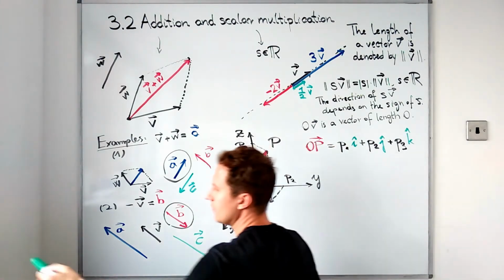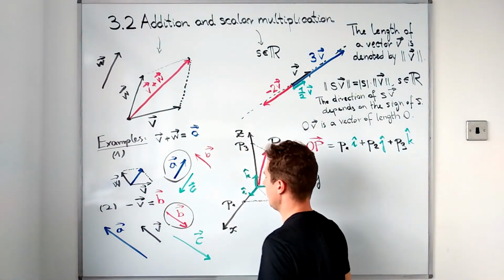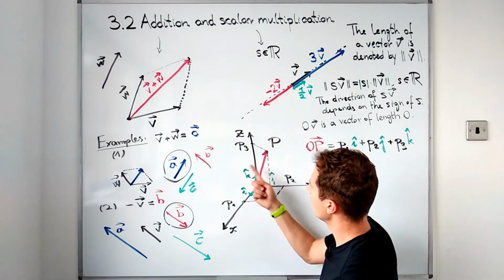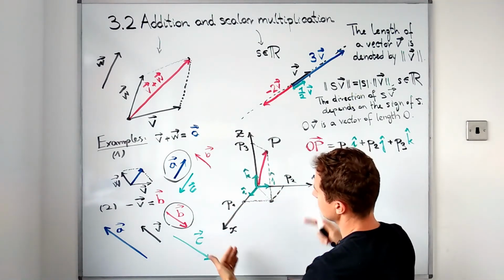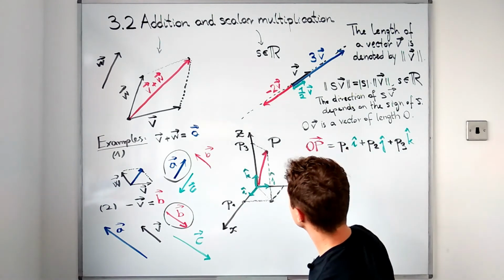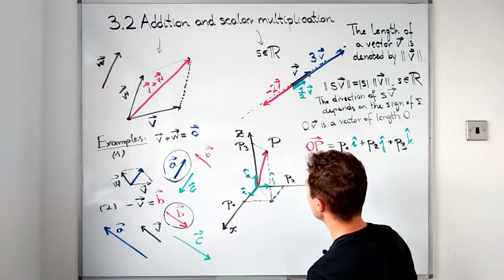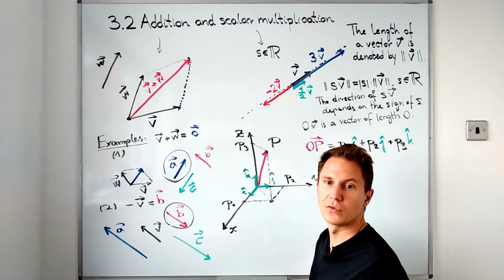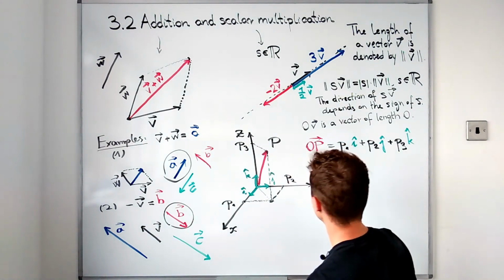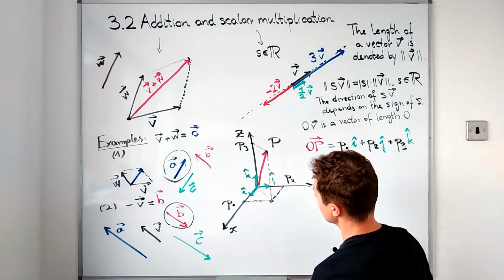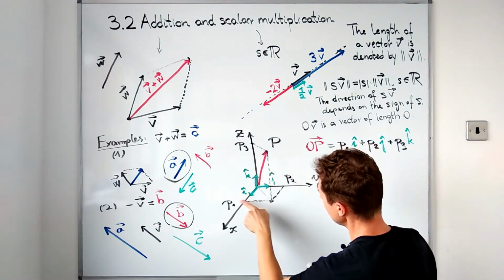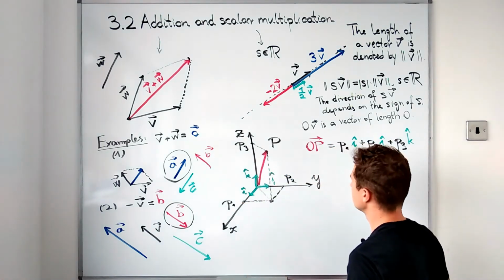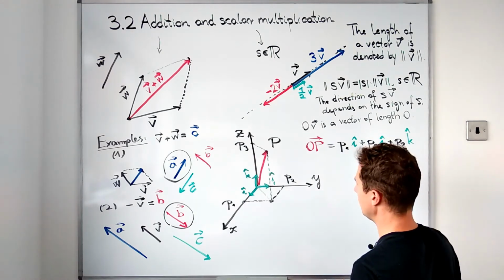Now I should say that these vectors, i hat, j hat, and k hat, are called unit vectors because they are of unit length, and they form a basis of our 3D space. Now, one more thing I would like us to have is a formula expressing the length of our vector OP using its coordinates P1, P2, and P3.